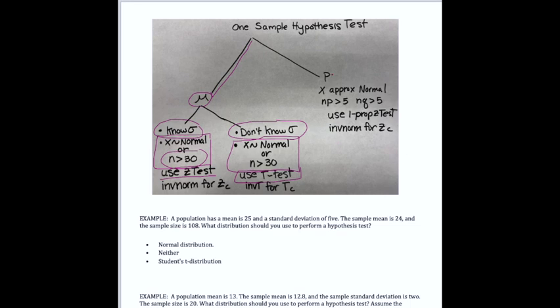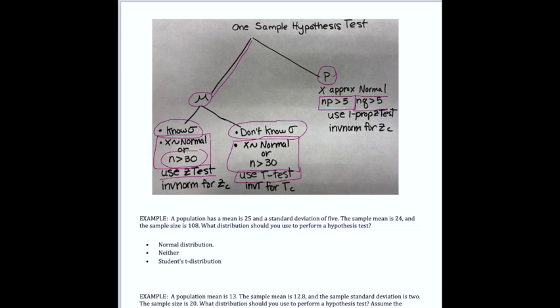Now, if we are doing proportions, the underlying distribution is going to be coming from binomial because we're looking at successes. What proportion has success? So we're looking at a binomial distribution. However, we can approximate it with a normal distribution if the sample size times p is greater than 5. And remember, p is our probability of success.